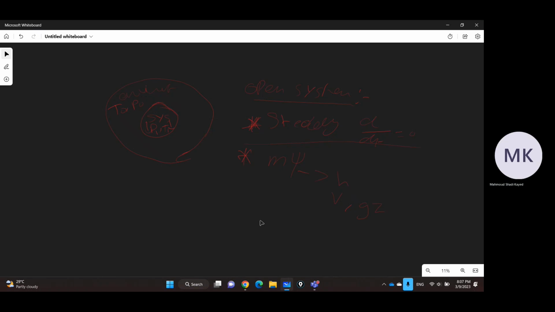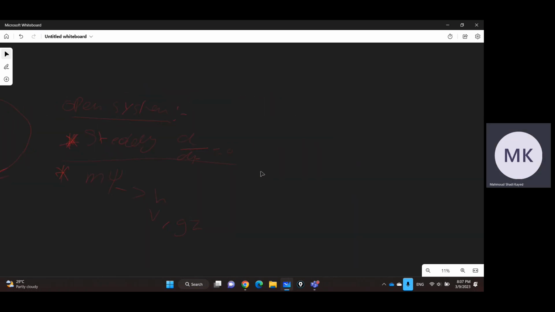So now for the exergy destroyed, if we have a system here at, for example, a temperature of 200 degrees centigrade, and the environment is at 25 degrees centigrade, we know that there will be heat transfer out from the system.